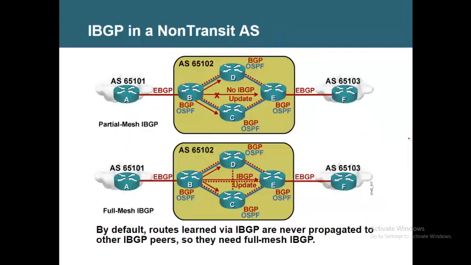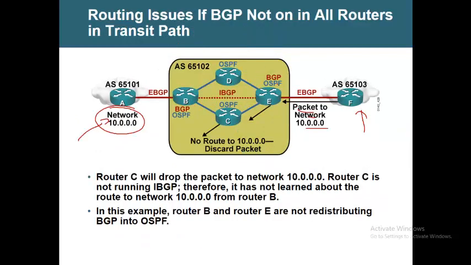But when the packet goes from here to E, E will forward it to C because it needs to go to B. Can E jump directly to B?